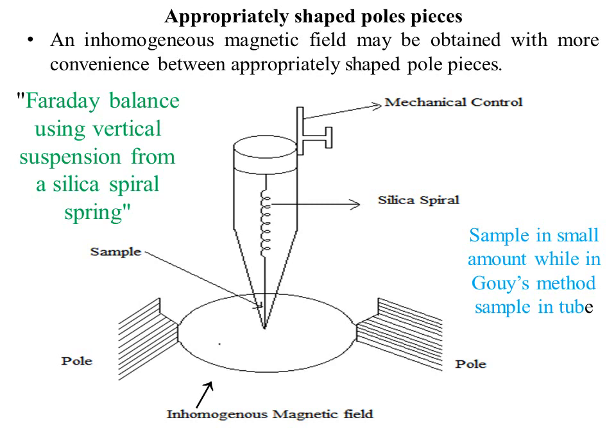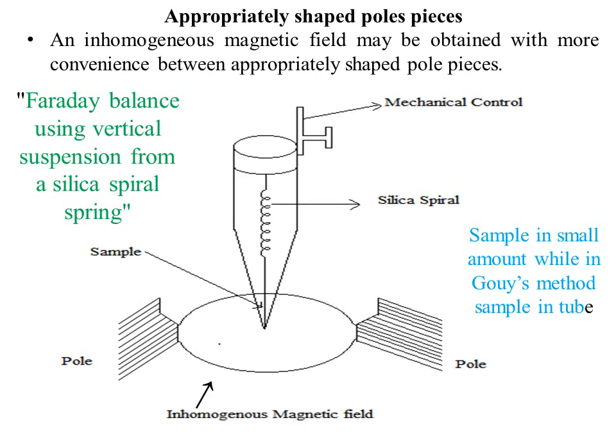As you can see, at the top of this diagram there is a mechanical control, and there is a spiral silica cord which is used to hold the sample. The sample is shown with an arrow somewhere in the middle of this inhomogeneous magnetic field. A small amount of sample is needed here, while in Gouy's method a larger amount of sample is required.